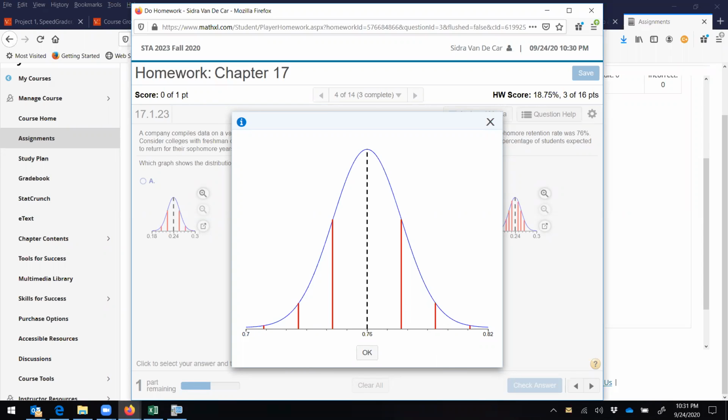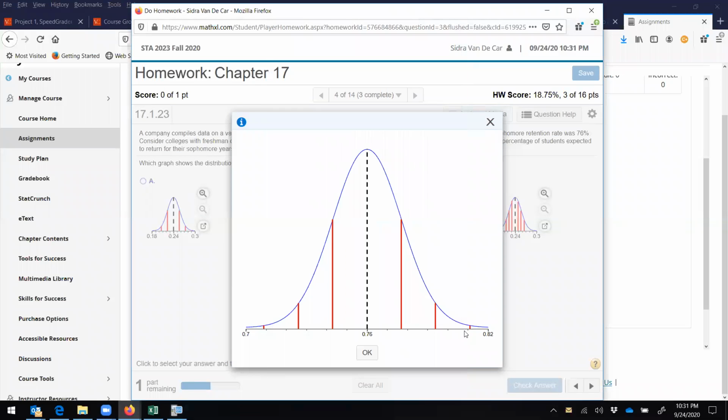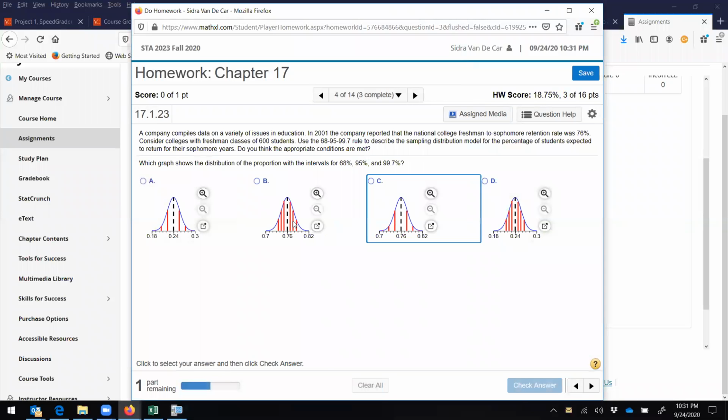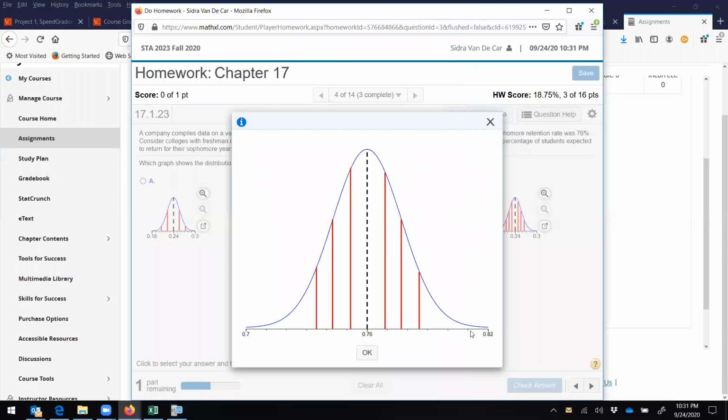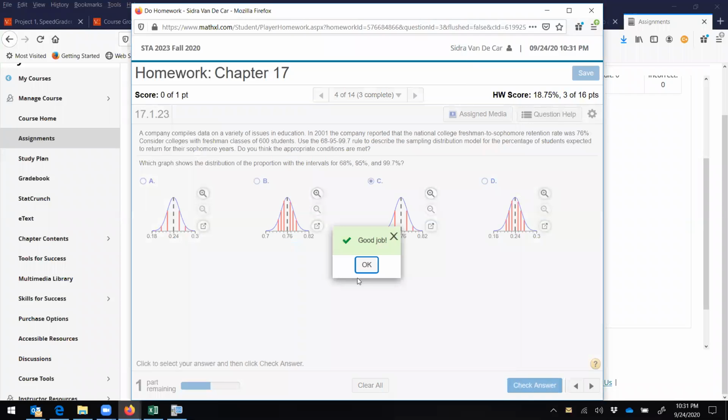So that's a little too far. Oh, 0.81 here. That is our third standard deviation, just past 0.81. So that may be what we're looking for. This one may not go far enough. Yeah, 0.81 is over here, but our third standard deviation ends there. So this is the one we want to choose.